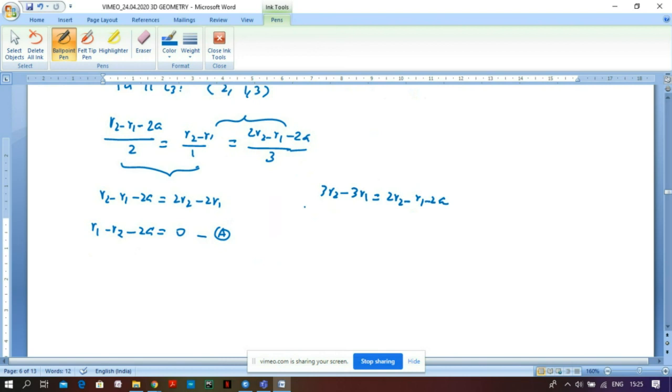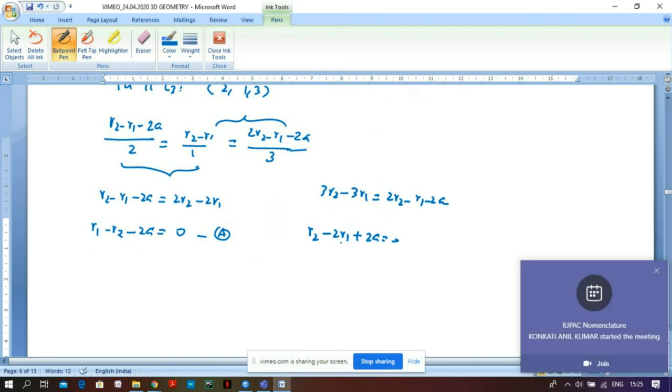Transposing, you get R2 minus 2R1 plus 2a equals 0. Call this equation B.